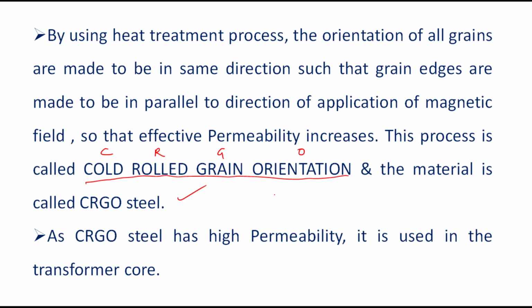If they are aligned in the same manner, we get the aiding nature of flux, meaning the cumulative amount of flux is generated, which is responsible for getting more EMF. This process is called cold rolled grain orientation, and that steel is called CRGO steel. So for that, how are we going to get?